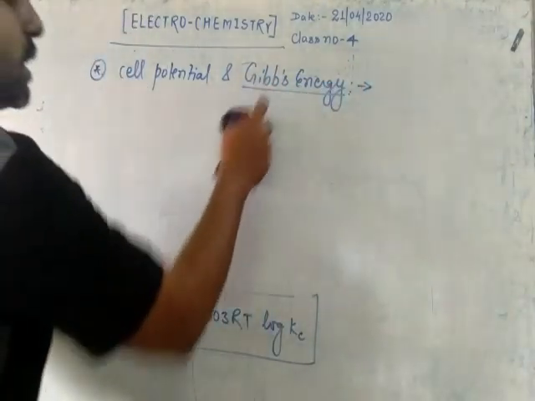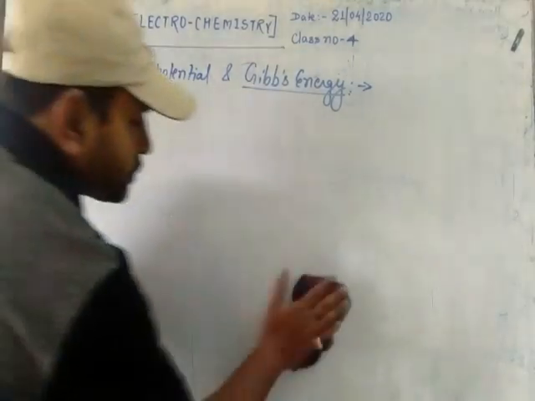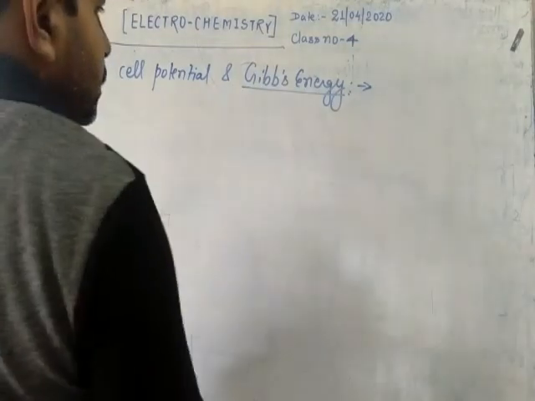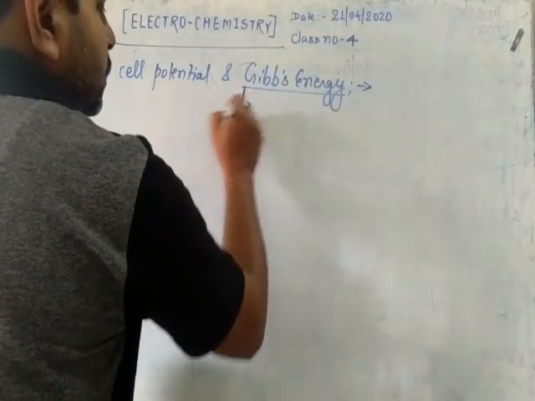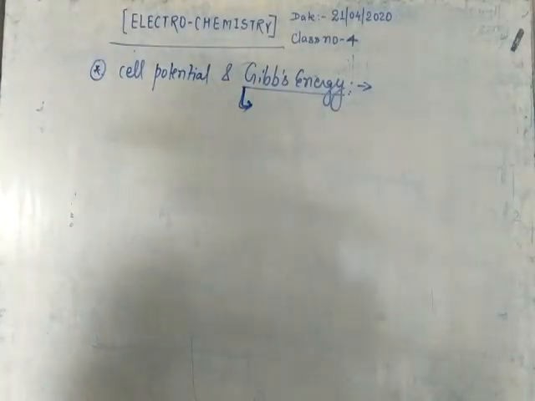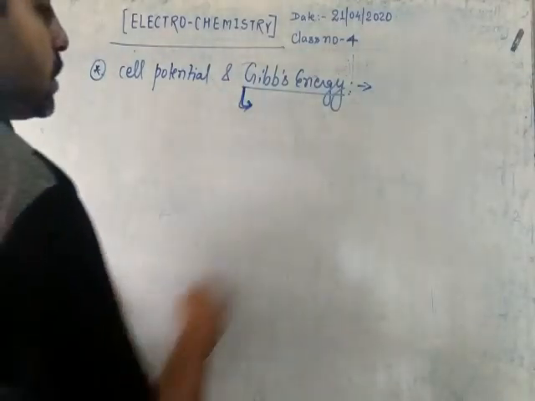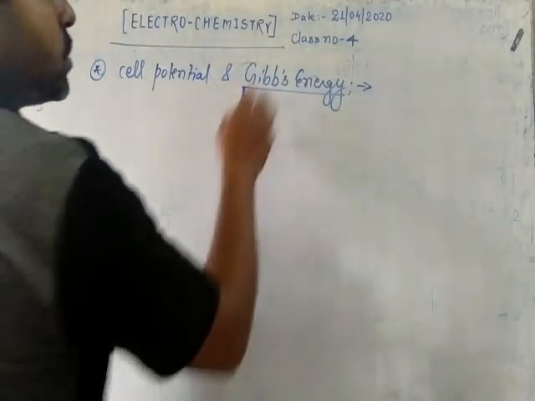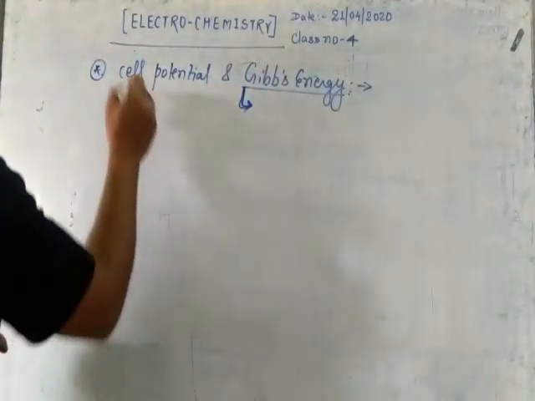Students, this term is known from the thermodynamics chapter of class 11. The extra energy which performs useful work is called Gibbs energy.